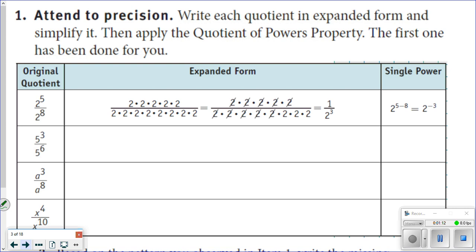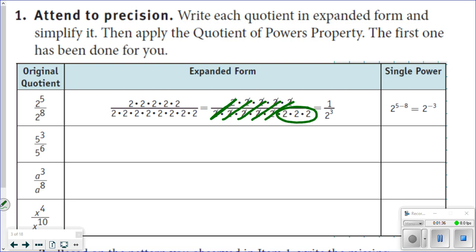Then remember that these cancel out because 2 divided by 2 is 1. So I'm going to put 1 in my numerator as a placeholder. And in the denominator, we have 2 times 2 times 2, which is 2 to the 3rd power, or 2 cubed left over.